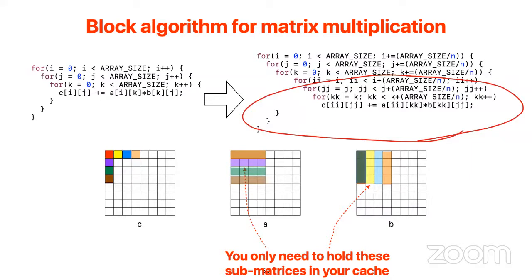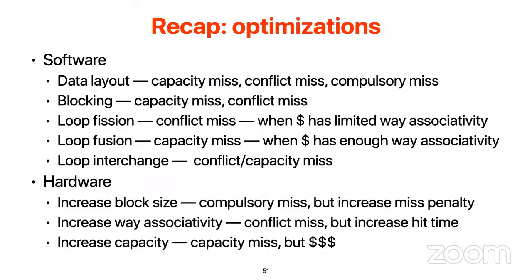So the block algorithm is by far the most effective algorithm for implementing matrix multiplication on CPU. And here is a summary of optimizations, and we are going to have questions asking you about optimizations of code, so make sure that you remember those.